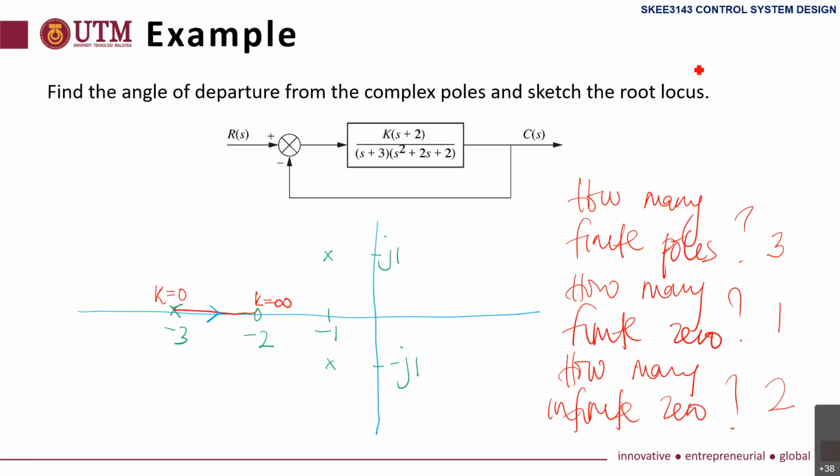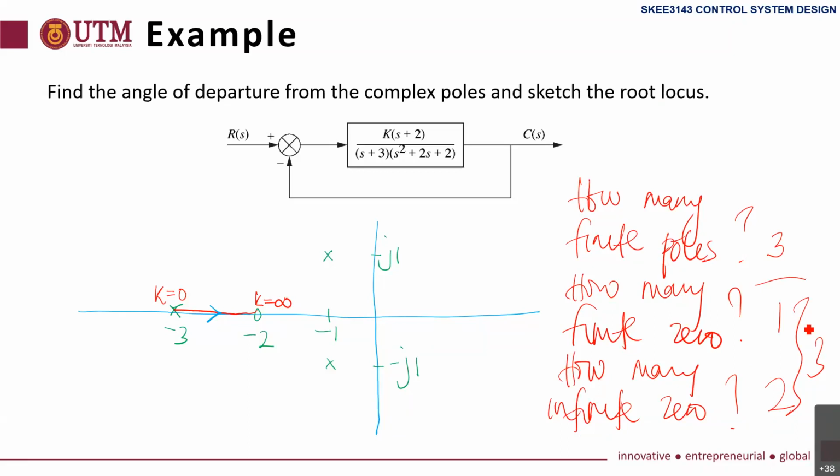So that the total here is 3, and all poles can go to all zeros. That's why we separate into finite and infinite zeros. The infinite means zero at infinity.